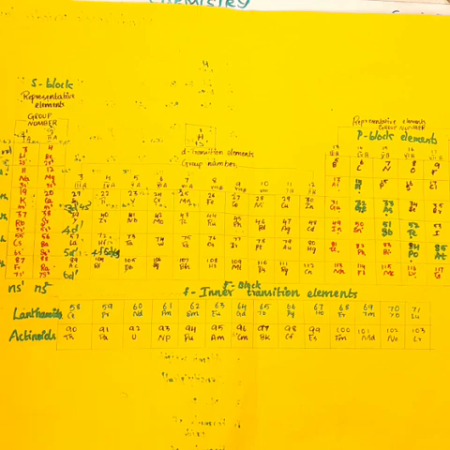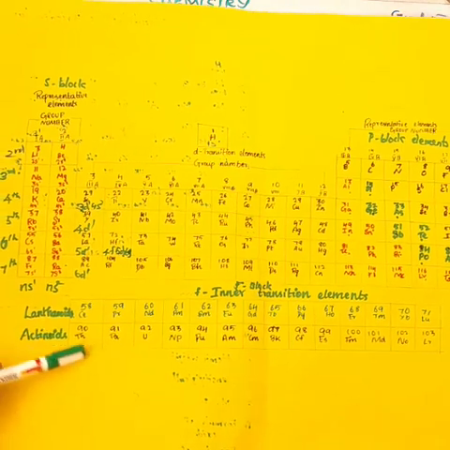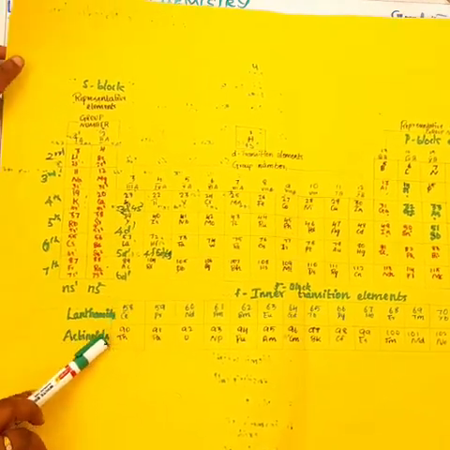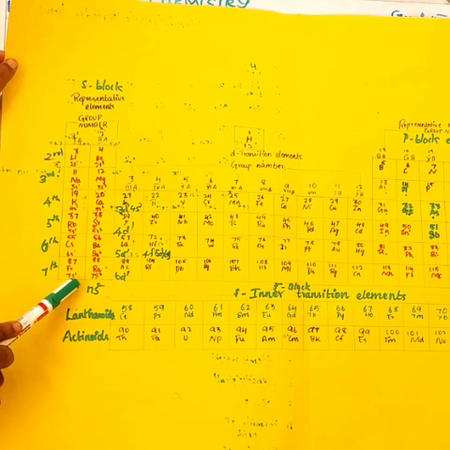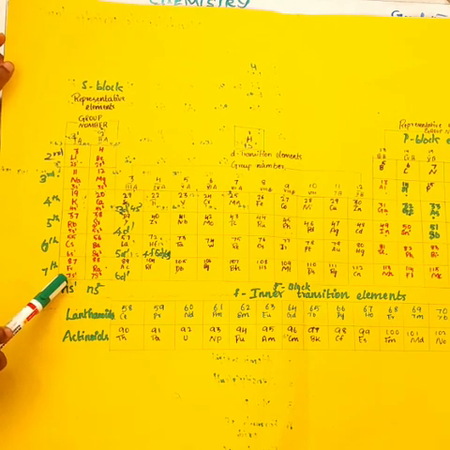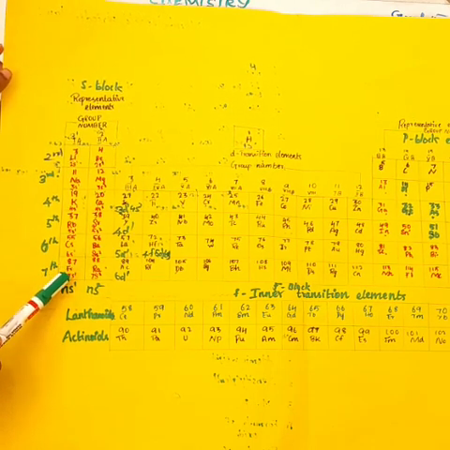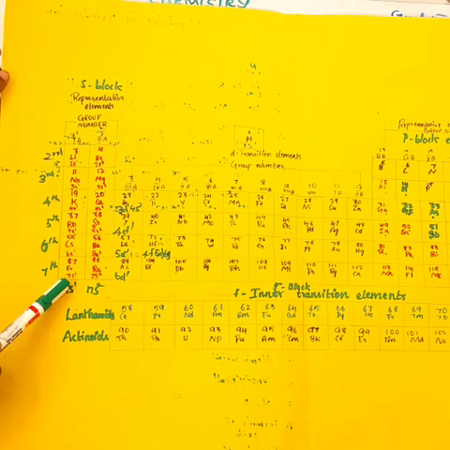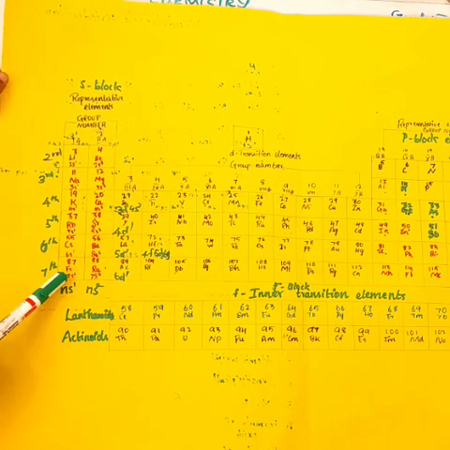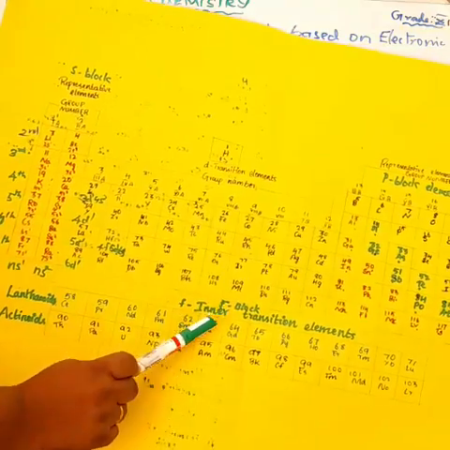Similarly, the seventh period also starts from the 7s1 orbital. Which element has 7s1? Francium. It starts from francium and goes to oganesson.